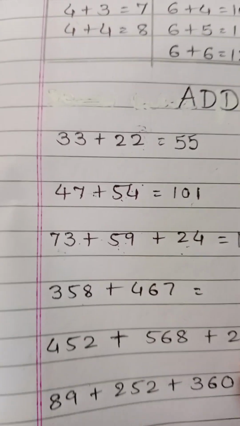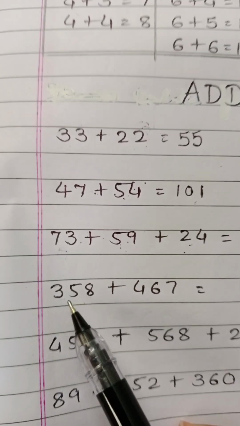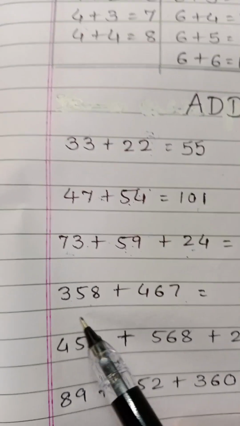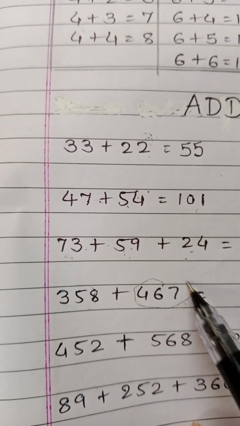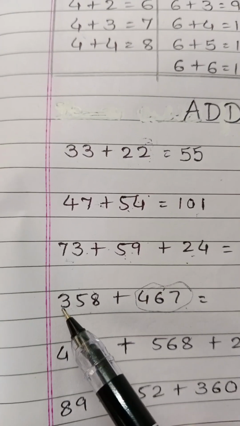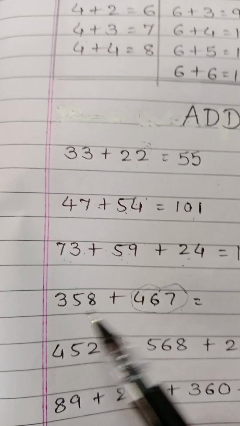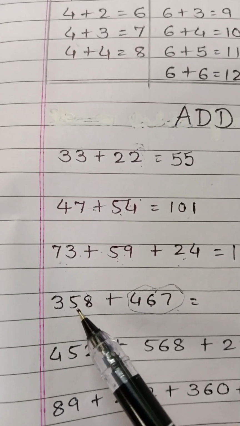Let's try to add two more numbers. Here 358 plus 467. So you know here this number has 300 and this number has 400. You know that 300 plus 400 will make 700. Now 700 you have to remember.